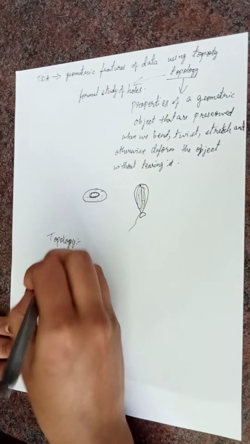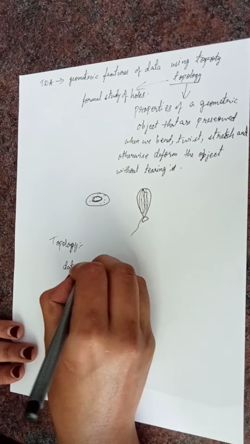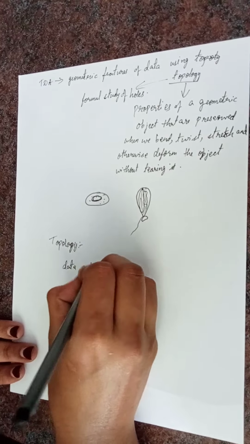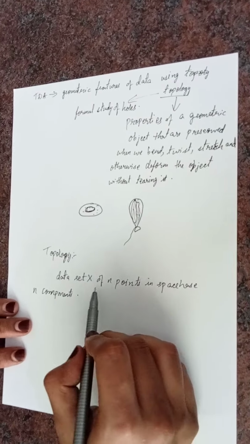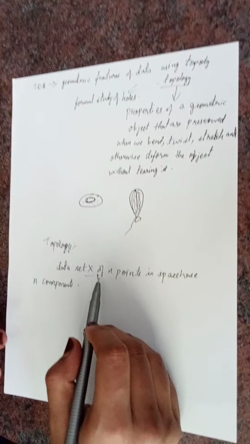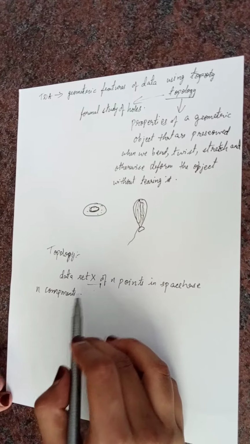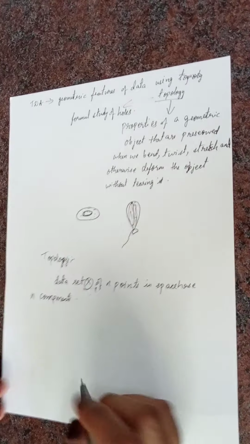However, a data set X of n points in space has n components and no holes at all. So directly computing the number of holes and components of X will not tell us anything interesting about the geometric features of X.